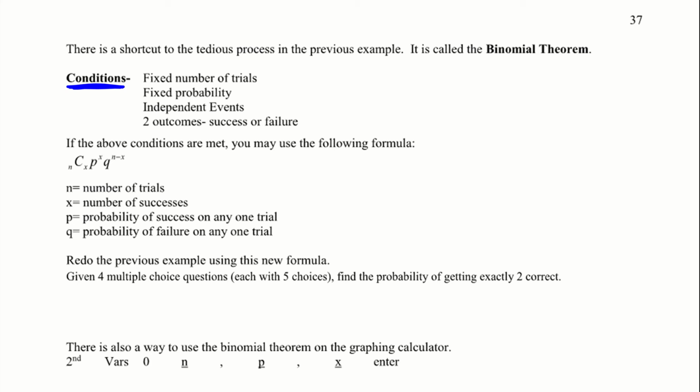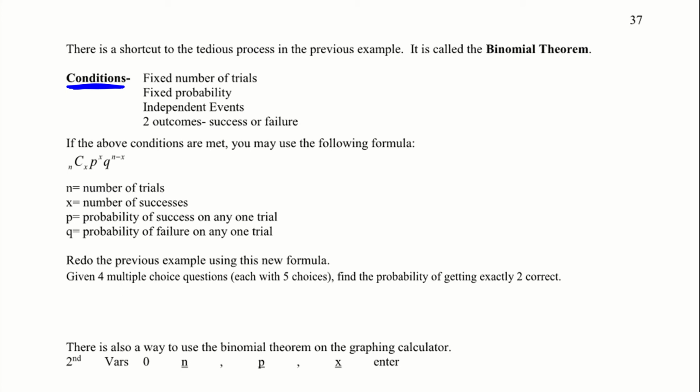This is not the 4 conditions for a binomial condition, aside from the fact that this says conditions right next to it. These are the 4 that I'm asking for. Because I've had numerous people over the years write down these 4, and they're shocked that they lost full credit. All right? And it's really a gift, because I make it a 4-point question. I give you 1 point for each one of these conditions you write down. All right, that's how important it is, because I talked about this before.